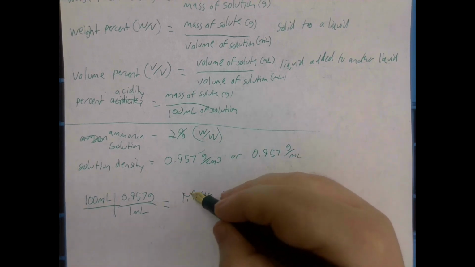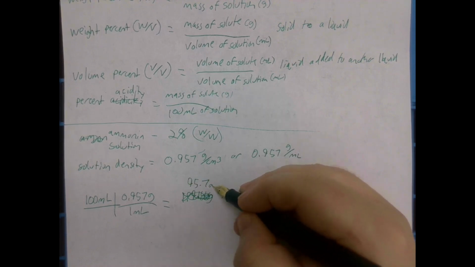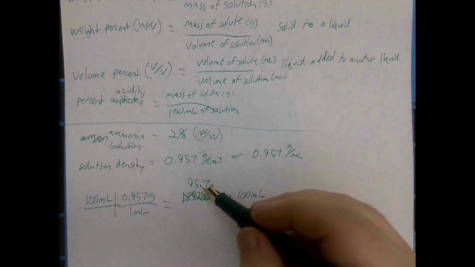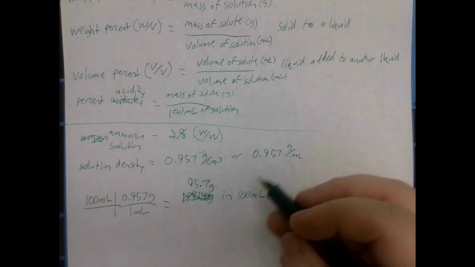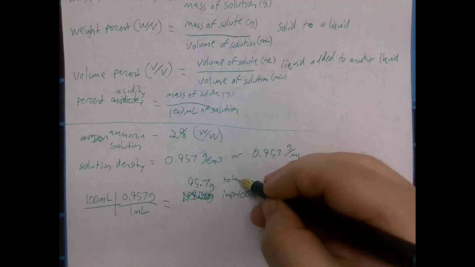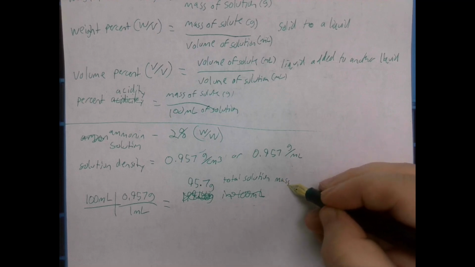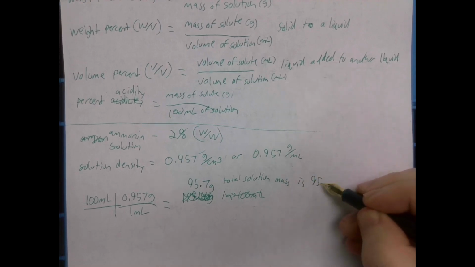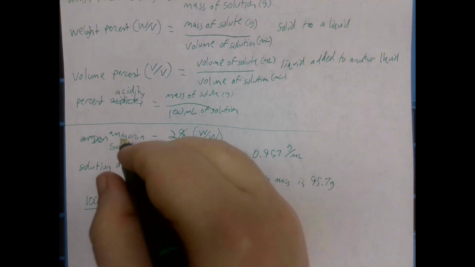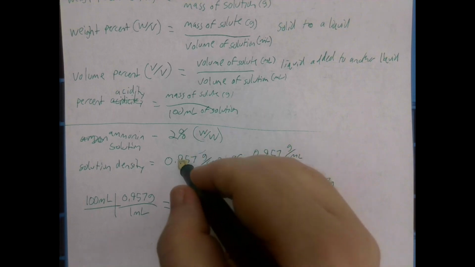My bad. The total solution has 95.7 grams. So the total solution mass is 95.7 grams, because we know the density is 0.957 grams per milliliter.